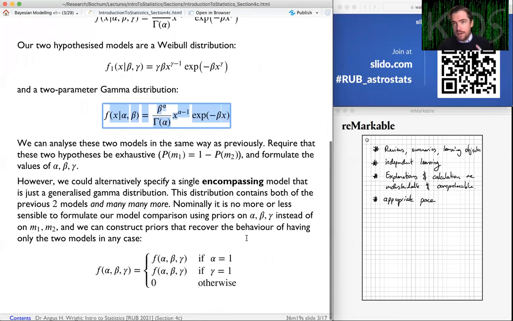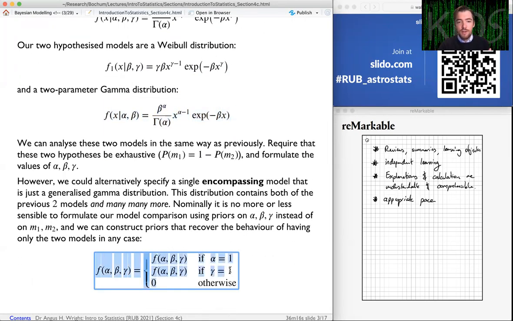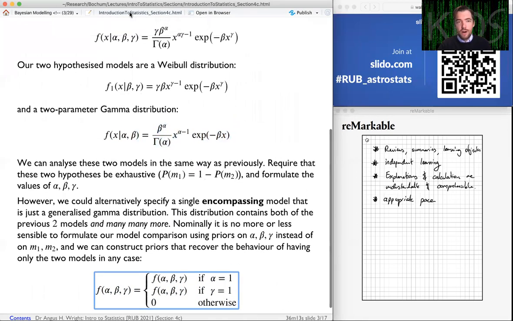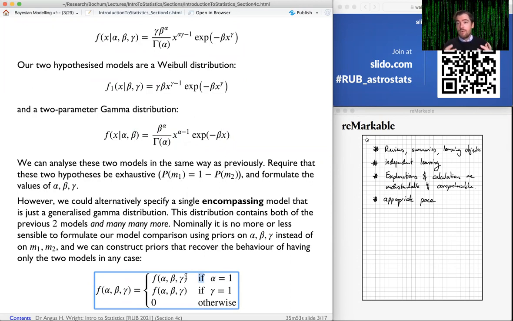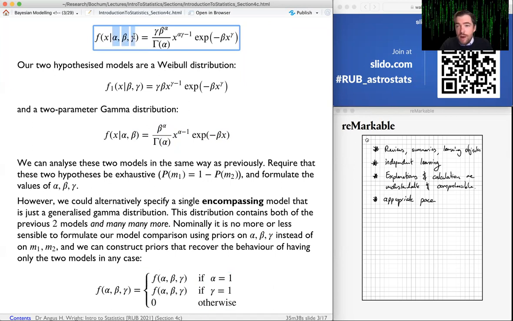It doesn't have to contain a whole lot more, because I can construct a likelihood that forces the general function up here to only be valid if alpha is equal to 1, which is the Weibull case, or if gamma is equal to 1, which is the two parameter gamma case, and it's 0 otherwise. That essentially forces me back into the two model case, but I'm still only analyzing one posterior. It's a way of doing this all at once. The difference between doing it individually in two chunks and doing it all at once is that now I have to have these three things as free parameters.